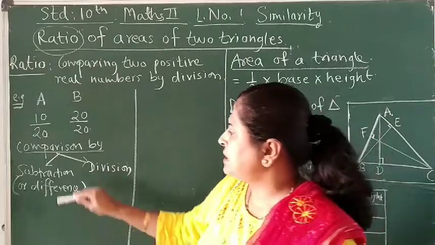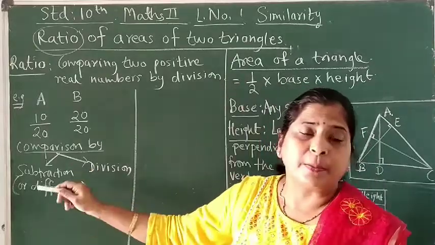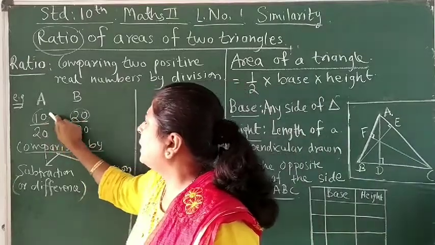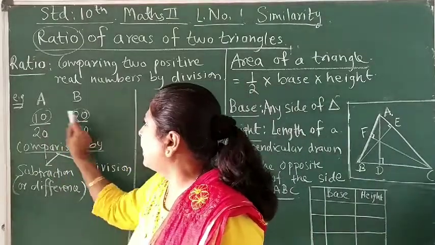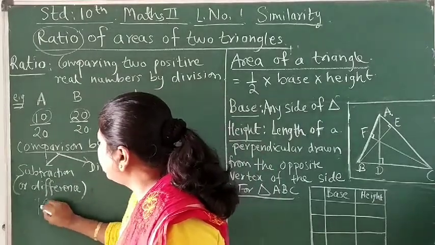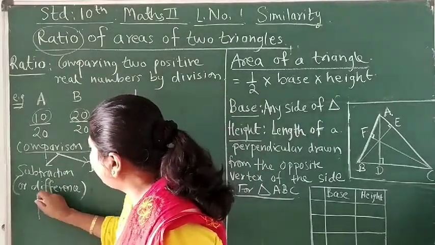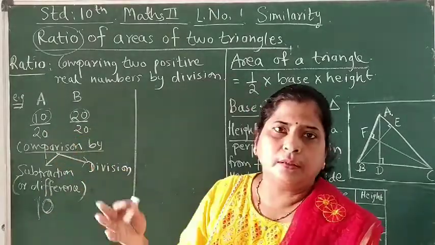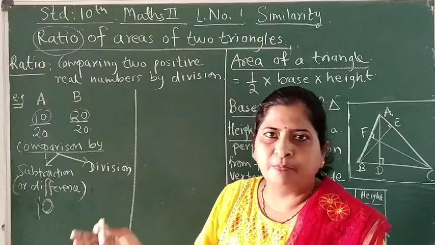If we do the subtraction, the difference between their marks is 20 minus 10. The difference is 10. Now these marks themselves are not very important here.